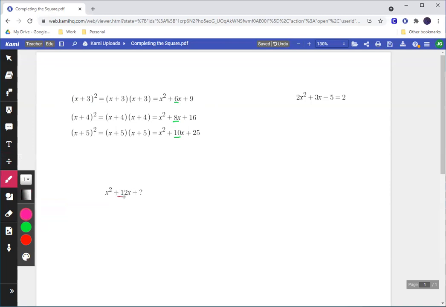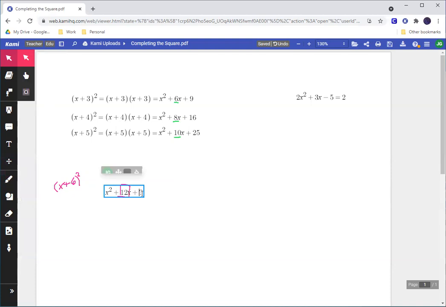So we would look at this 12 and we would think to ourselves, that 12 is 6 plus 6. And so off to the side, we know that it's connected somehow to x plus 6 squared. Then we can come in here, and since we know it's x plus 6 squared, and we know 6 times 6 is 36, that means we are able to tell that that's 36 there.